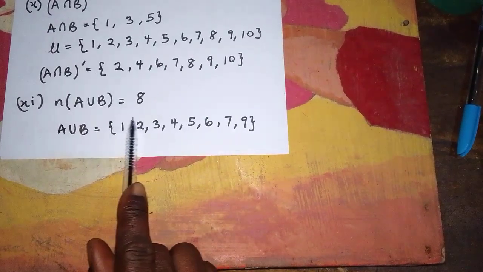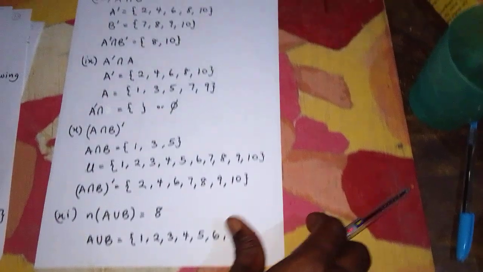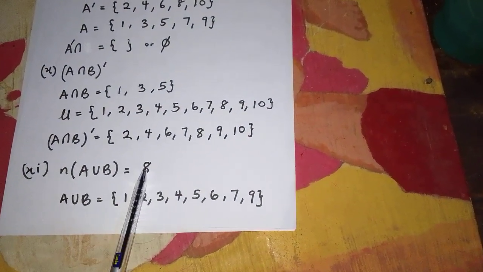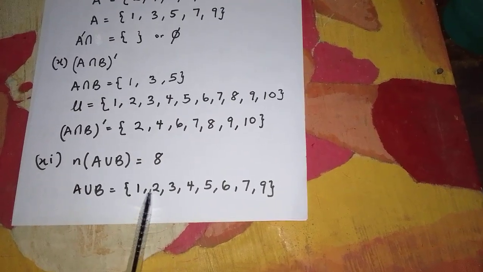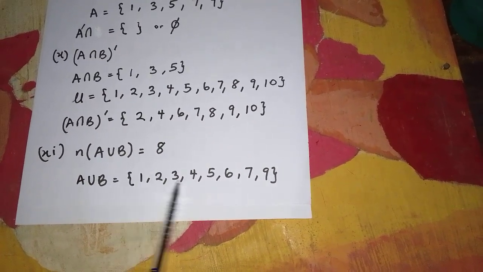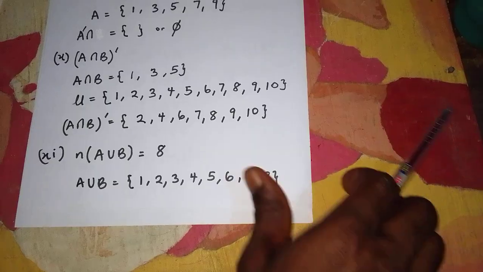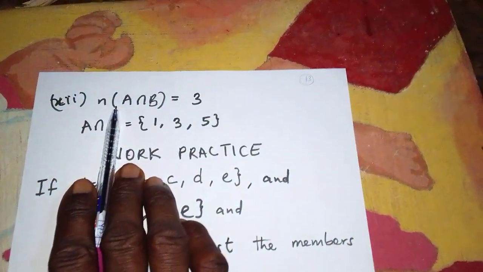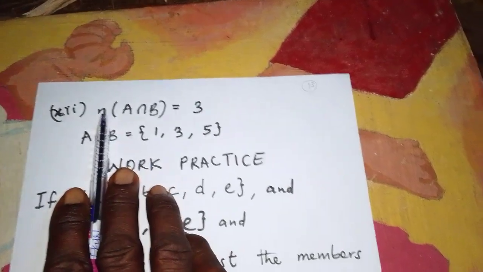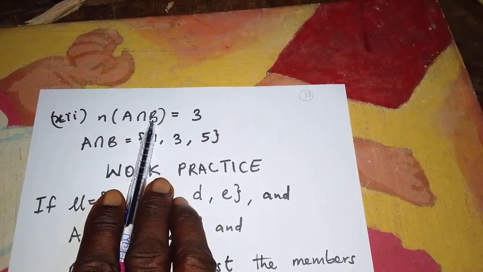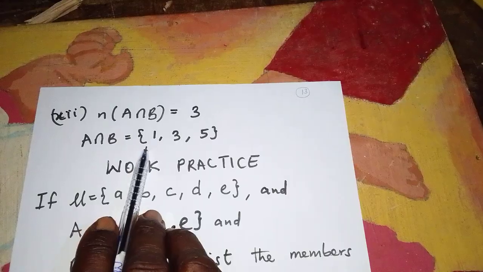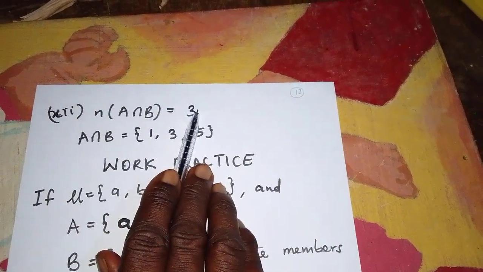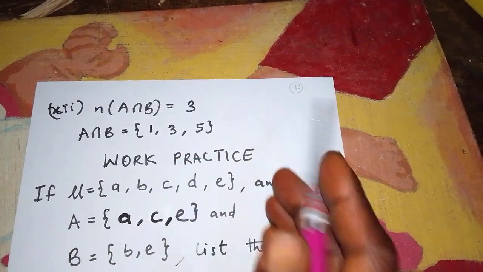We have 8 elements in A union B. So the number of elements in A union B is equal to 8, because if you write the members out, you are going to count 8 elements. Also, they asked for the number of elements in A intersection B. If this is A intersection B, we have 1, 3 and 5. How many are there? 1, 2, 3. 3 elements in A intersection B.